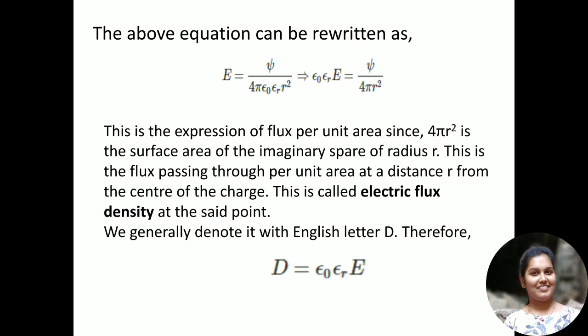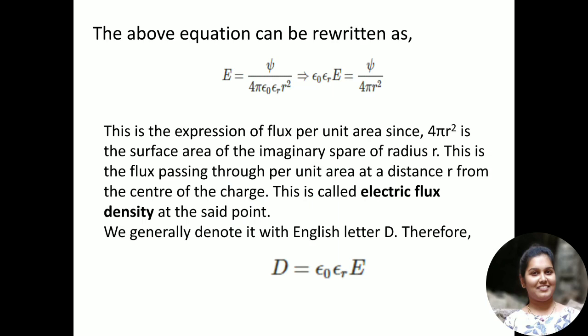That will give epsilon naught epsilon r E is equal to psi by 4 pi r square. This is the expression of flux per unit area, since 4 pi r square is the surface area of the imaginary sphere of radius r. This is the flux passing per unit area at a distance r from the center of the charge.